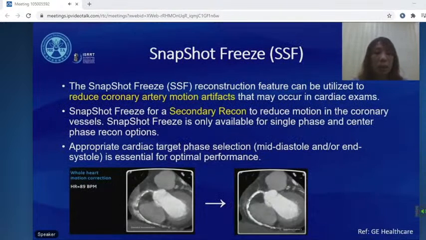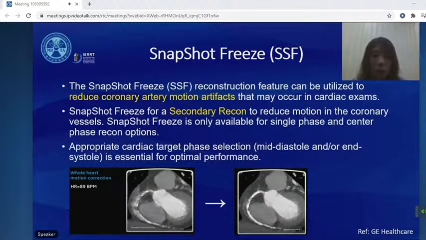And now we go to the snapshot function. It is a reconstruction feature that can be utilized to reduce coronary artery motion artifacts that may occur in cardiac exams. Once you enable the SSF function in the auto-gating setting, after the data acquisition, the data will be sent to the workstation. SSF would be done as a secondary recon.